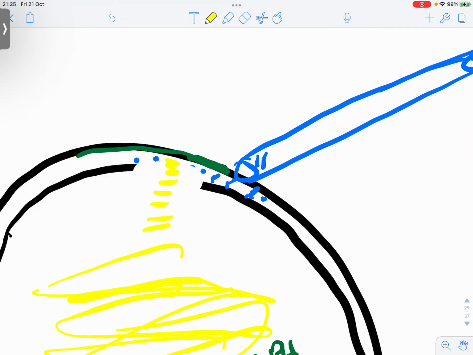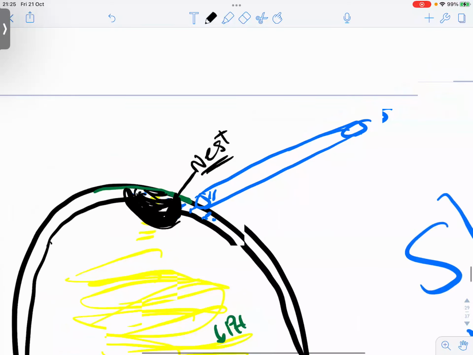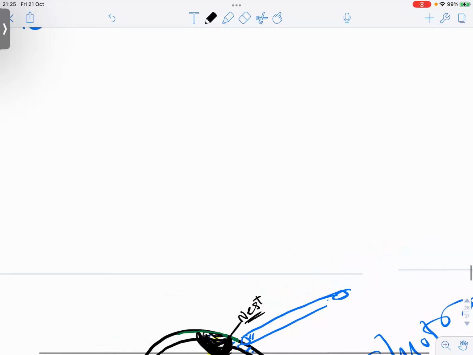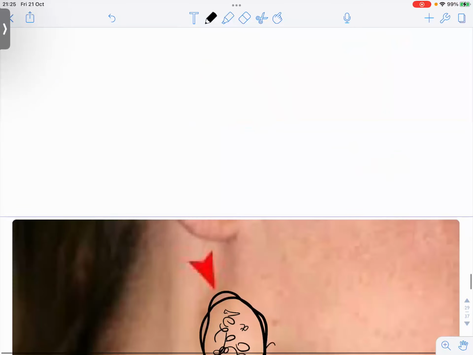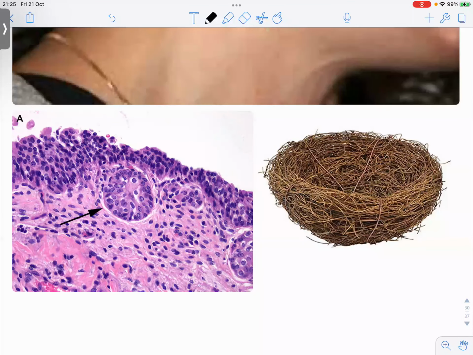So the epithelium will start to increase the number of cells to face this acidic medium. It looks like a nest. Do you understand what a nest means? A nest is the house of the bird, where the bird can live.